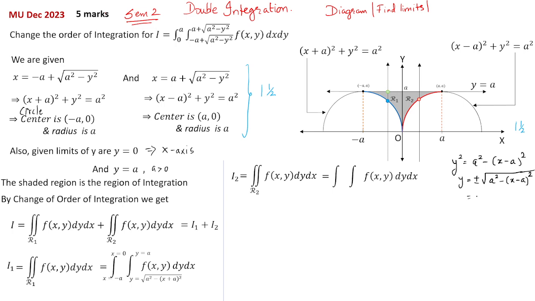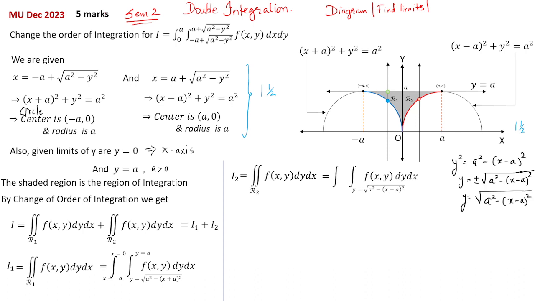And this is again going to be the positive square root, so a square minus (x minus a) the whole square. Now this is y. Okay, so we get the lower limit over here, so y equals square root of a square minus (x minus a) the whole square.